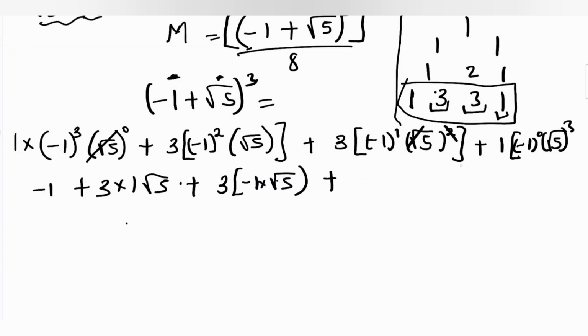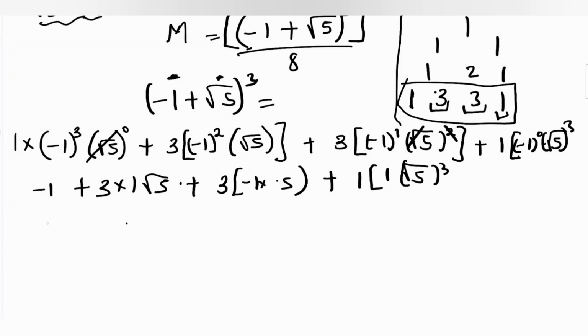Then plus the last term, 1 into (-1)^0 is 1, then we have (√5)^3, which is 5√5.